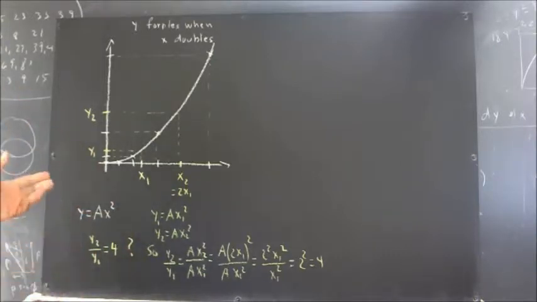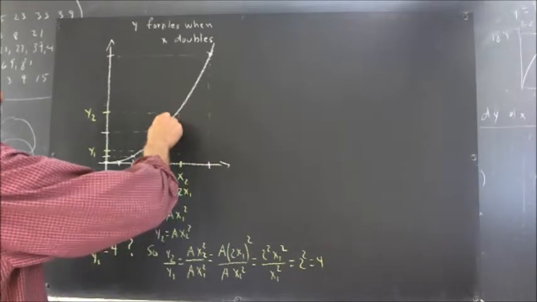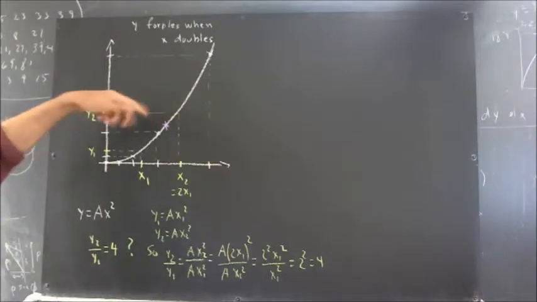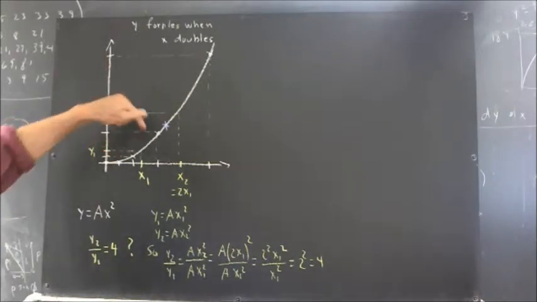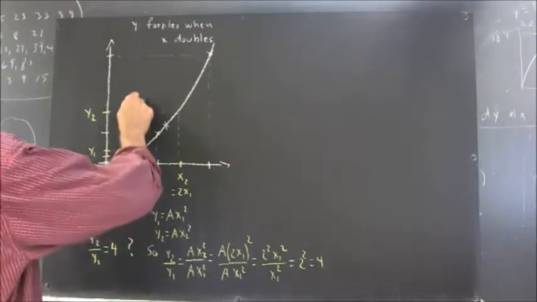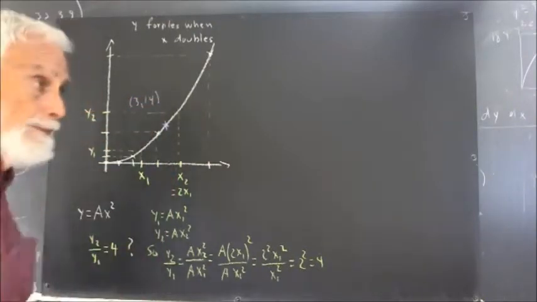Okay, now we're asked to pick a point on the graph. We can make that any point, and it's best to choose a point, even if you're not instructed to do so, that doesn't match one of the points you used in constructing the graph, and say that this point is 3, 14.